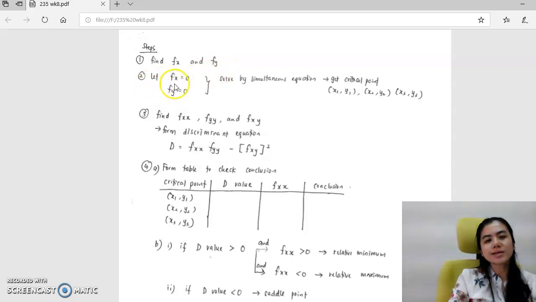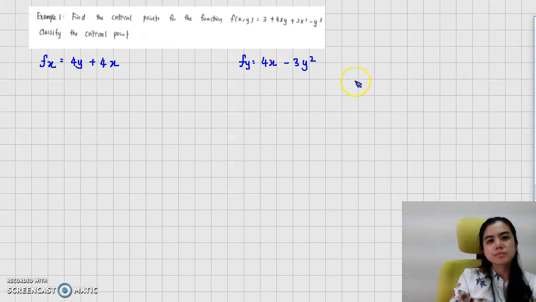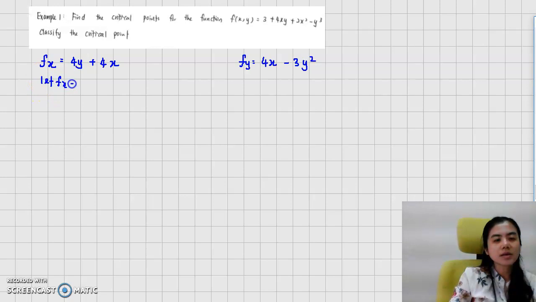Then the second step is to let fx equal to 0 and fy equal to 0, and solve the simultaneous equations to get the critical points. So let fx equal to 0.